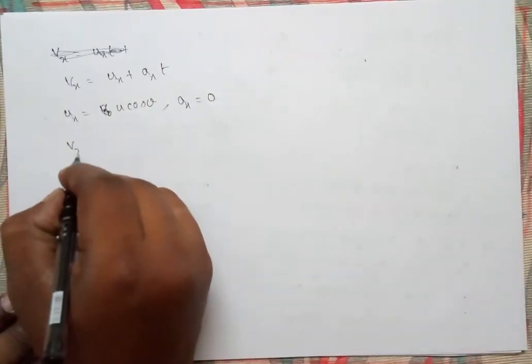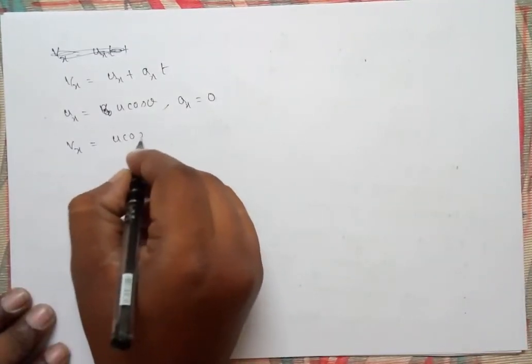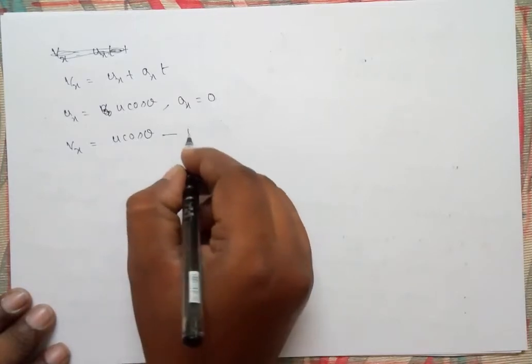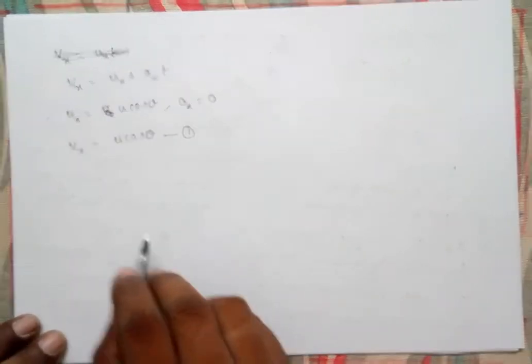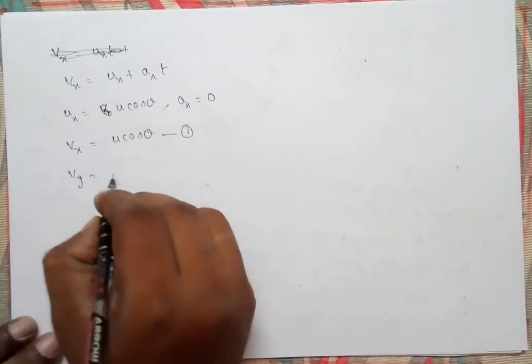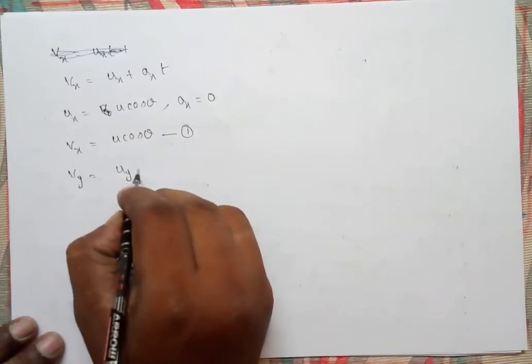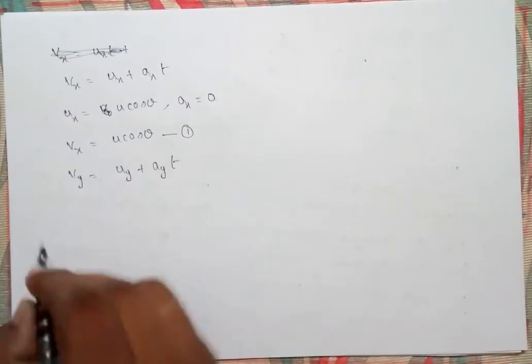Therefore the velocity after time t seconds is only u cos theta. Velocity remains the same. Next, vy equals uy plus ay t.